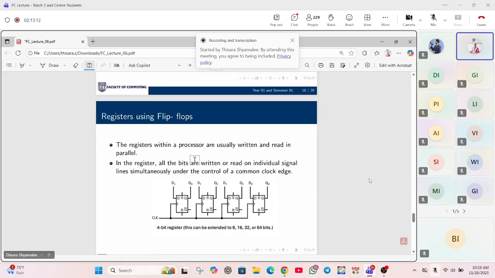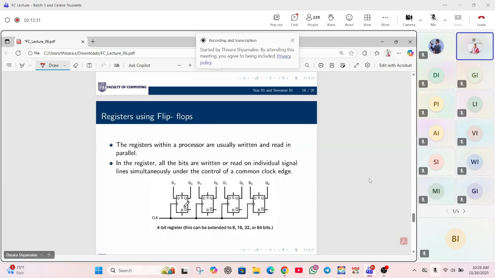So, registers using flip-flops. Here you can see the SR flip-flops connected in parallel to create a 4-bit register.